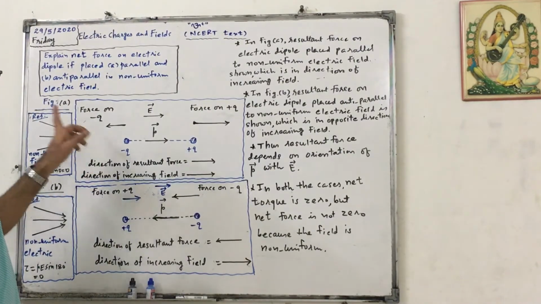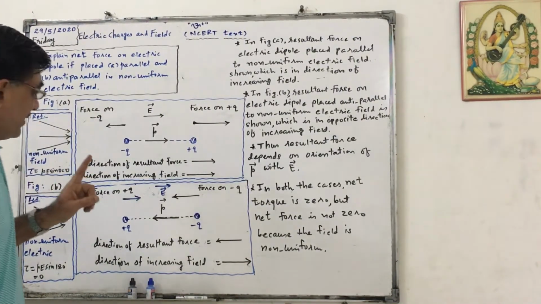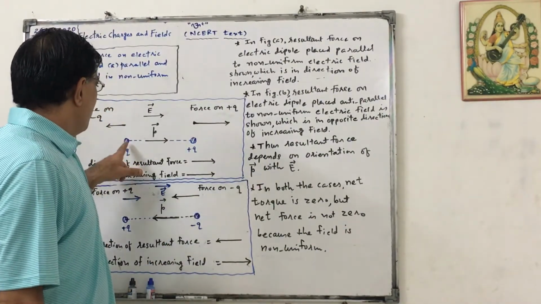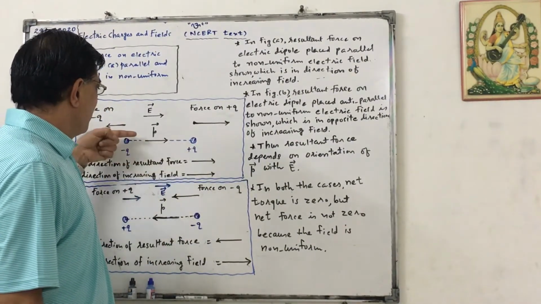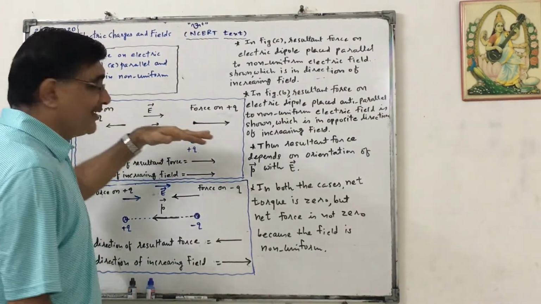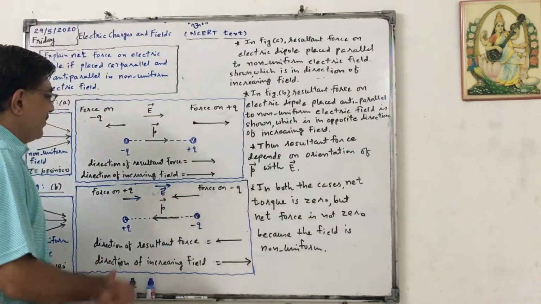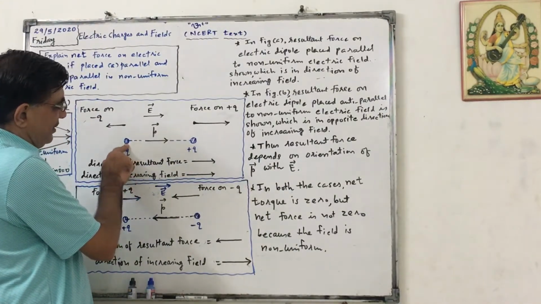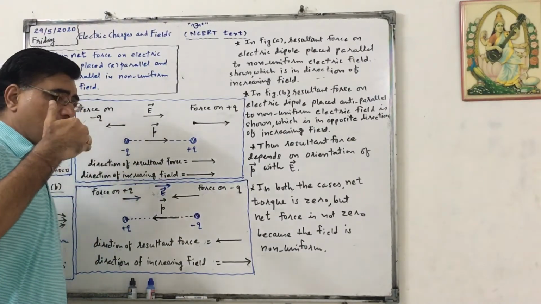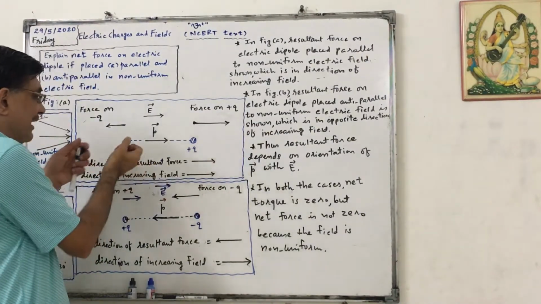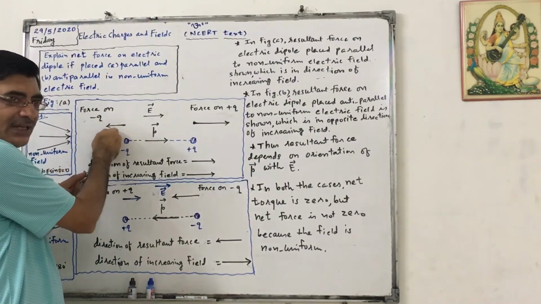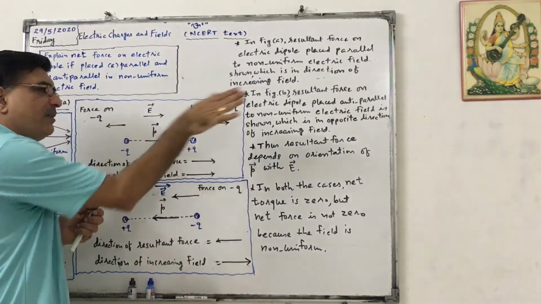Now we have to first of all place electric dipole parallel to this field. So this is minus q, this is plus q. We know that this is direction of electric dipole moment which is parallel to vector E. Now on minus q, the force will be in this direction, because we know that electric field is from positive to negative, so positive will attract minus q, so this will be the force on minus q in this direction, and force on plus q will be in this direction.